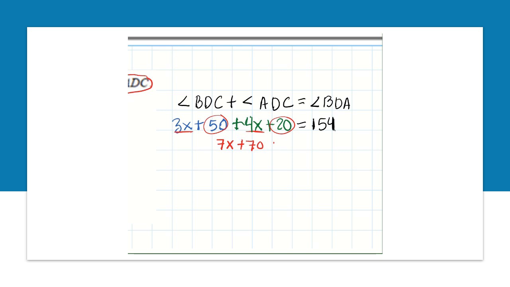The first operation that I'm going to undo is plus 70. So the inverse would be minus 70. Whatever we do to one side, we're going to do to the other side. That leaves us with just 7x on the left side of the equation and 84 on the right side.